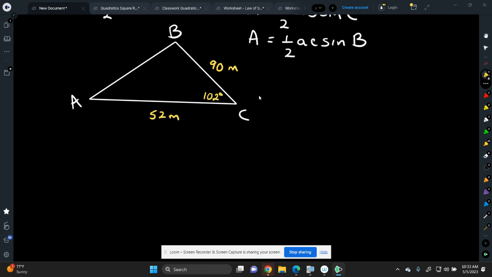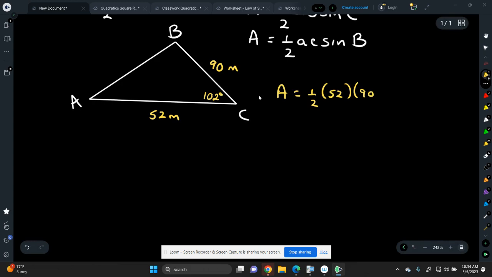So I have two sides and the angle between them. So I'm using that area formula. So area equals 1/2, multiply my two sides together, times the sine of the angle between them.